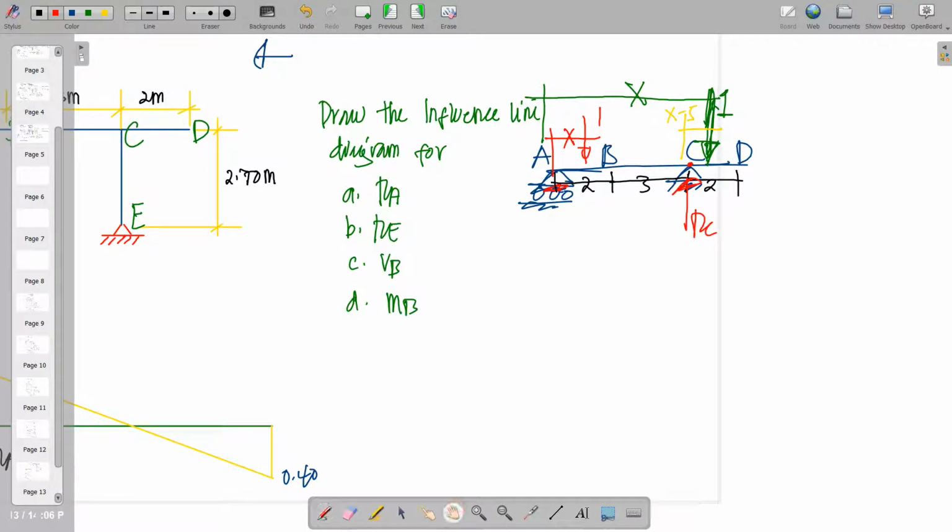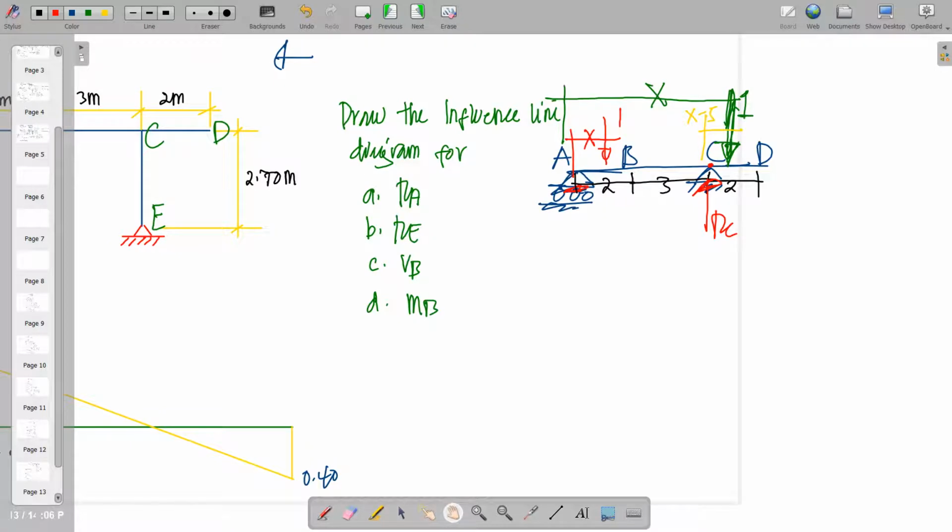So reaction at C. Sorry, this should be reaction at C. So anyway, it doesn't matter RC or RE, because as I have said, that is similar. So perhaps you can just denote that by RE, since we have this column here.